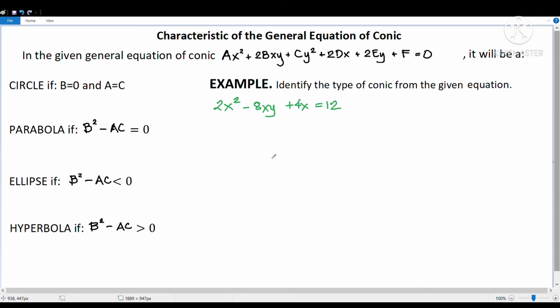For our next example, we have 2x squared minus 8xy plus 4x equal to 12. Let's check what type of conic section this equation is. So let's equate this first to 0. So 2x squared minus 8xy plus 4x minus 12 is equal to 0. And check all the missing terms. We do not have a term for y squared, and we also do not have a term for y.